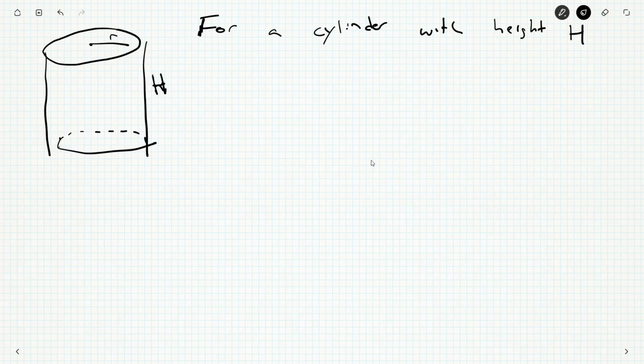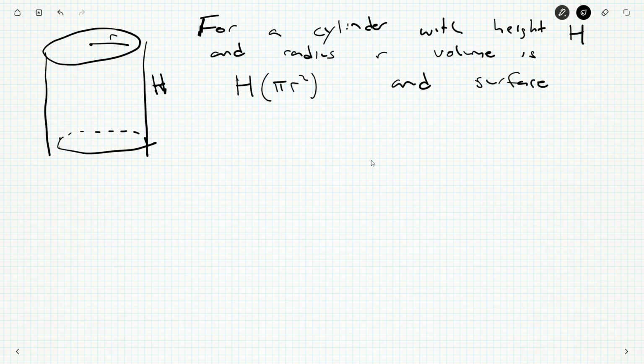So with height capital H and radius little r, volume is h times pi r squared, and surface area is we get pi r squared for the top plus pi r squared for the bottom.